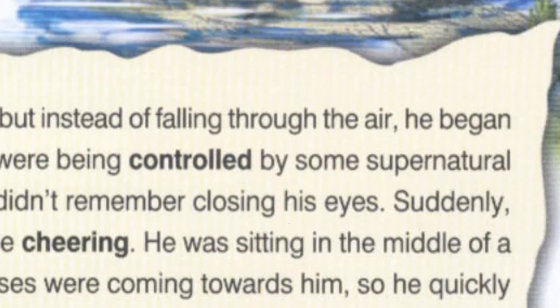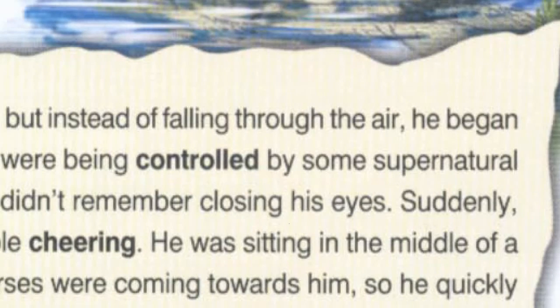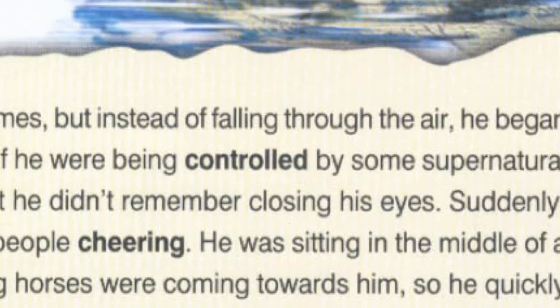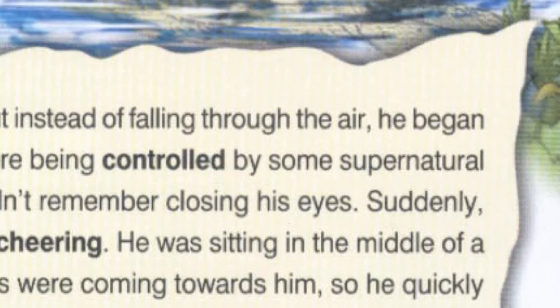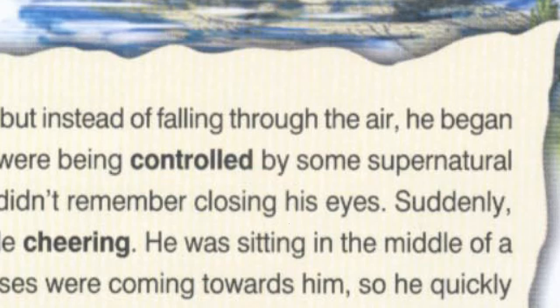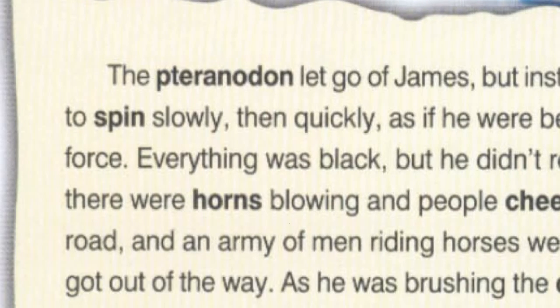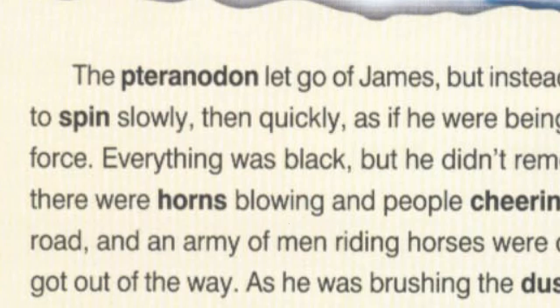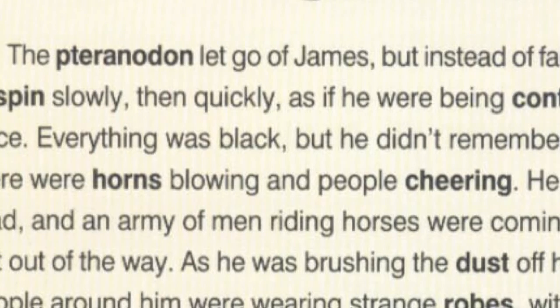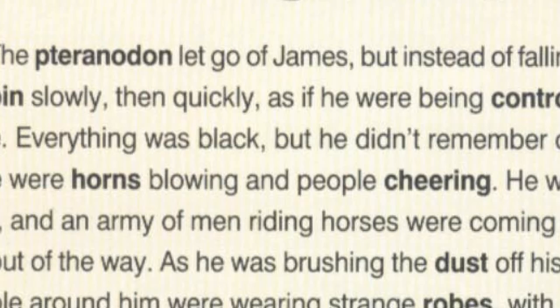Okay, what is the next one? Controlled by means to steer or having power over something. What is the horn? Horns are instruments to blow and play music, or make a very loud sound.